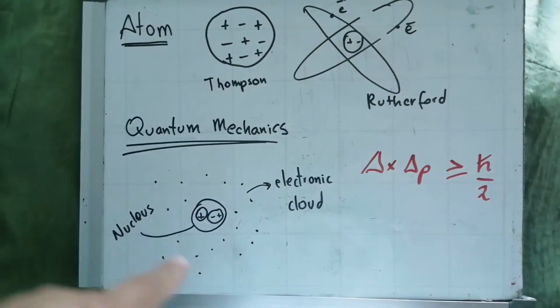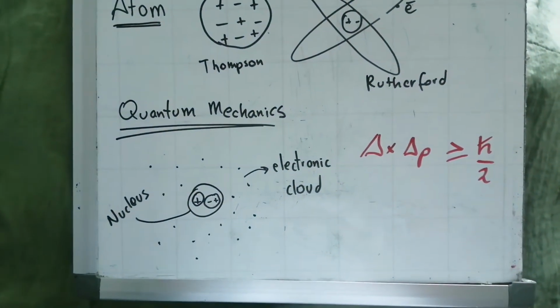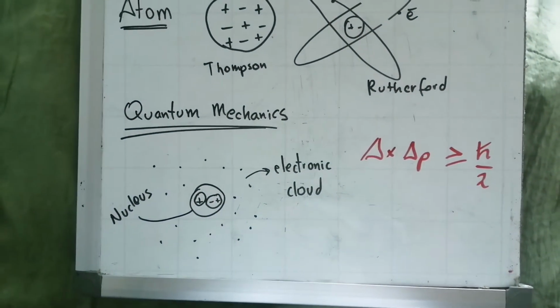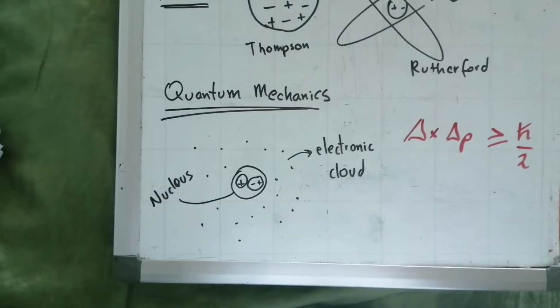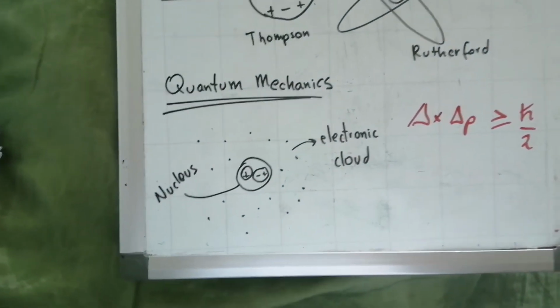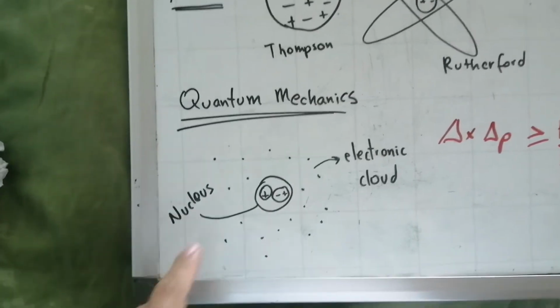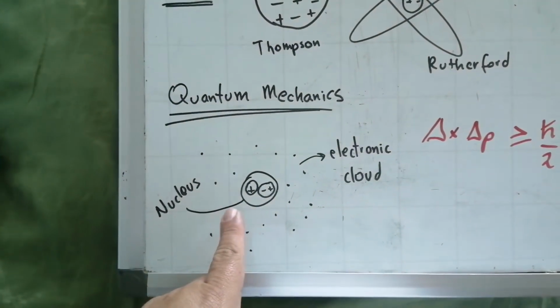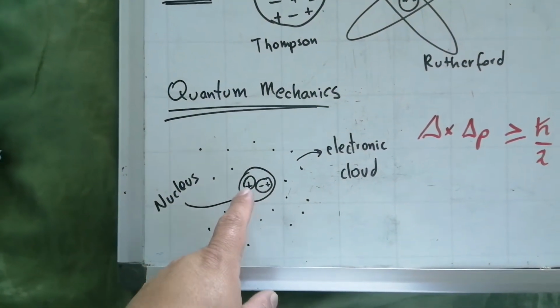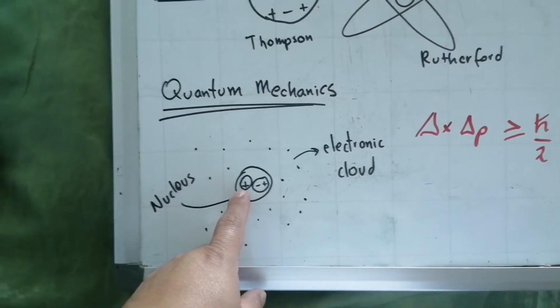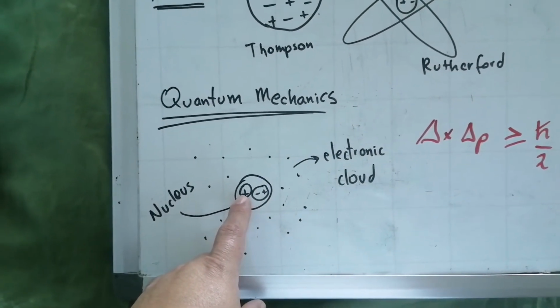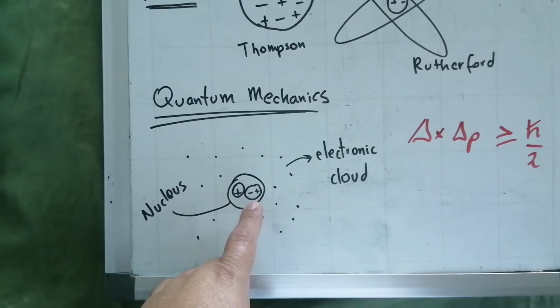In quantum mechanics, the atom is now demonstrated as a different thing. Quantum mechanics has a more appropriate approach to how an atom might actually be. In quantum mechanics we have a nucleus, and the nucleus has protons, which are positive charges, and neutrons as well.